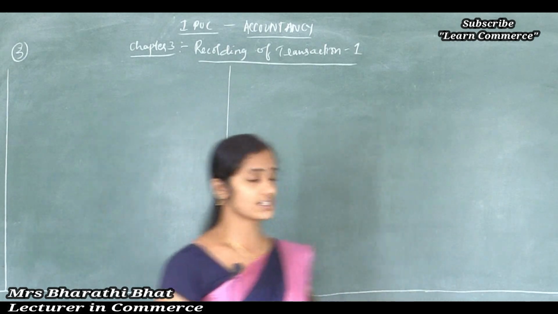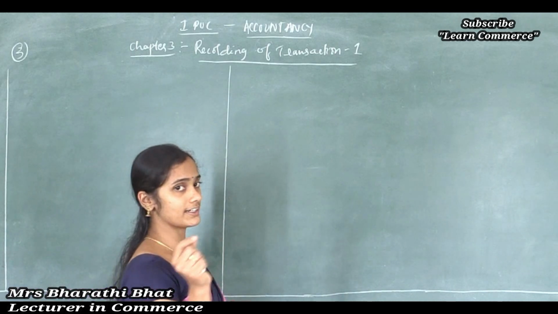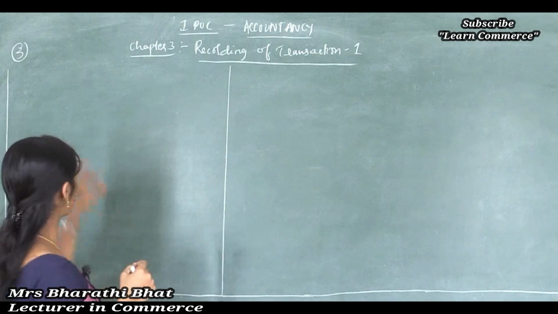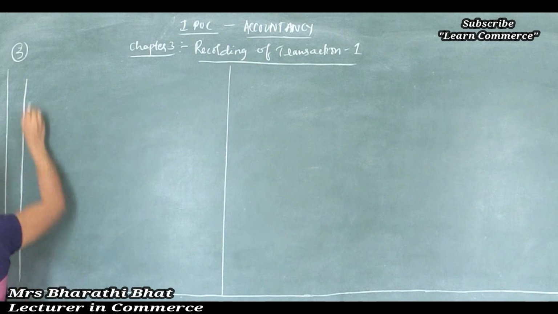So the third illustration, I'll say the transaction and directly I'll pass the journal entries based on the transaction. So solution.